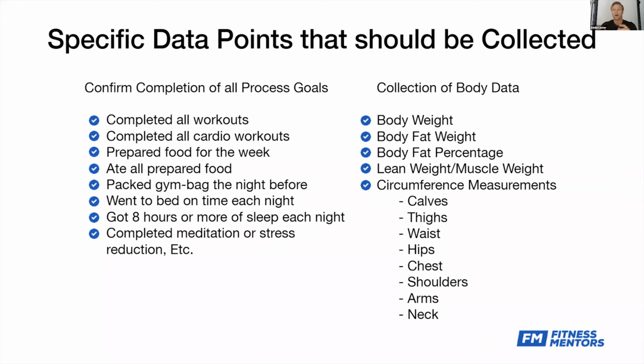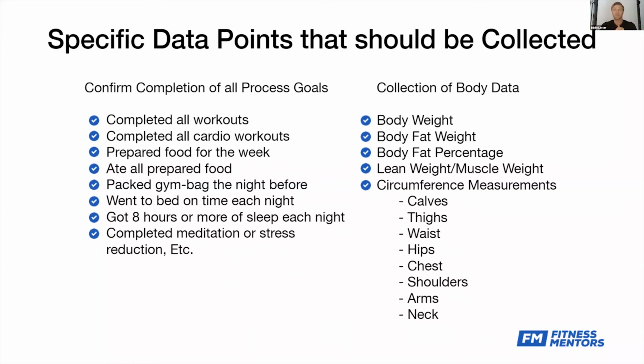Next, as far as the collection of body data, this is all your choice on what you want to track: body fat percentage, body weight, the fat weight based on some simple math, and the muscle weight, their lean muscle gain.